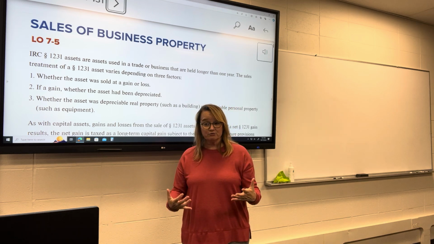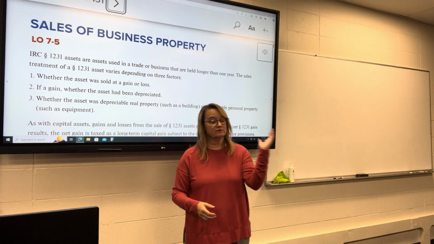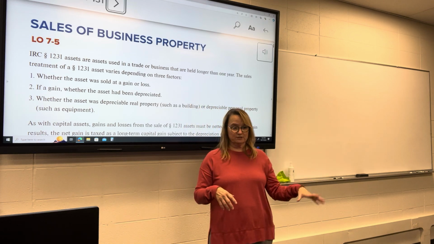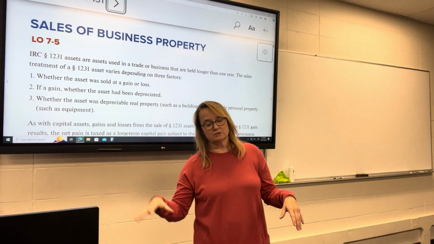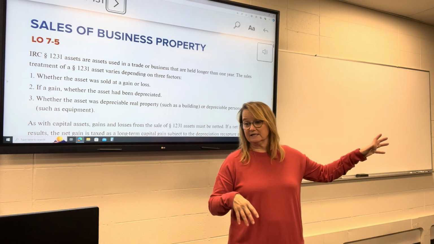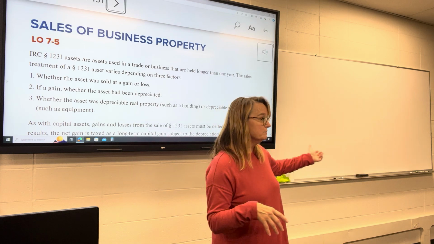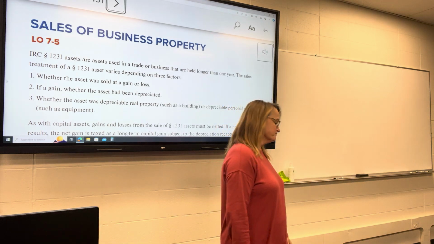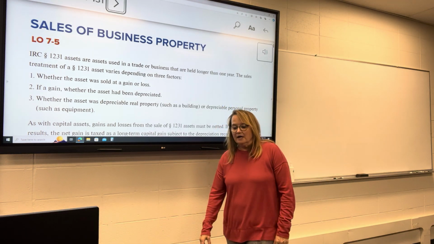If you have more than $3,000 of losses, that gets carried forward to the next year. It retains its character. So if it was short-term, it'll be a short-term loss. Long-term, it'll be a long-term loss. But that gets carried forward indefinitely into the future until it's absorbed, or until you die, in which case it's gone. But then you don't care anyway.